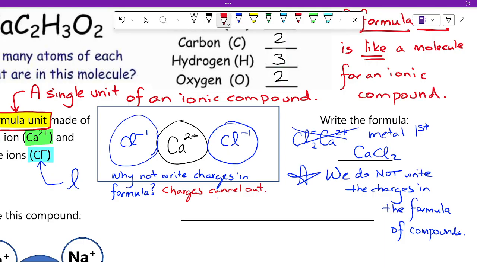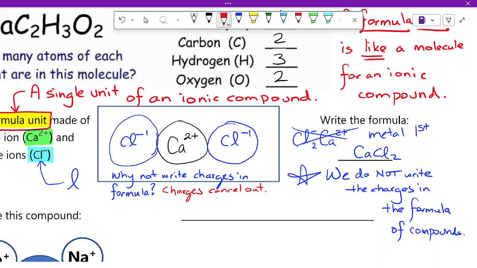The other reason is that if you've been doing chemistry for a couple of years, which if you decide to take chemistry 11, you'll have been doing it for 3 years, right? Grade 8, grade 9, grade 10. You will know that the charge of calcium is 2+ and the charge of chloride is negative, and you don't need anybody to write that for you in the formula.